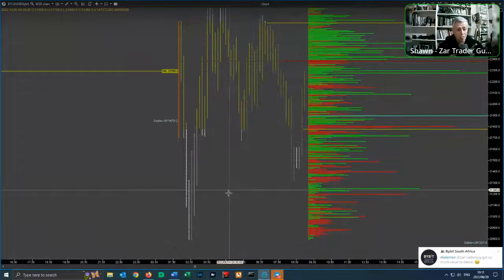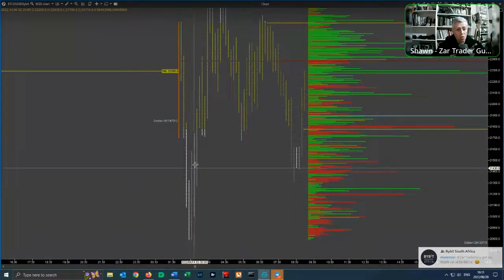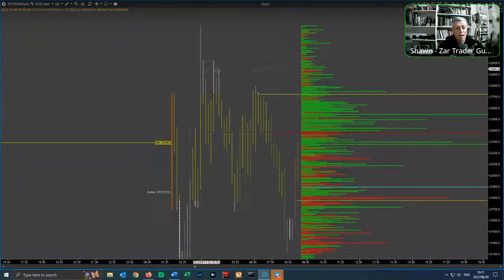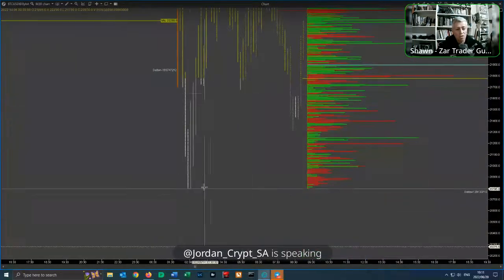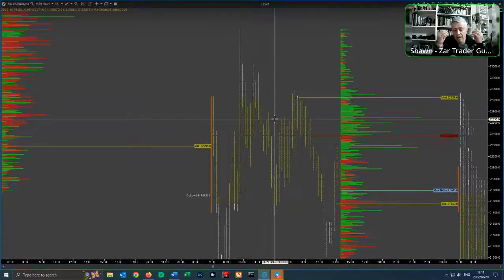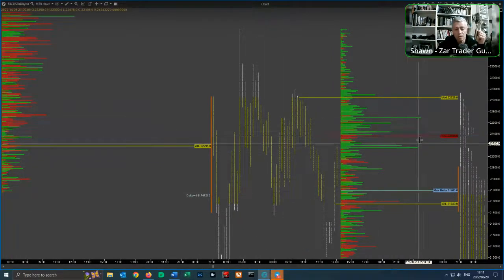And look what happened here. Price went all the way up, right to the opposite side of that TPO or that value area. So you could have taken a long when you saw this failed auction and gone all the way to the top. So yeah, this software, once you start getting a clue of how it really works, it's incredible.